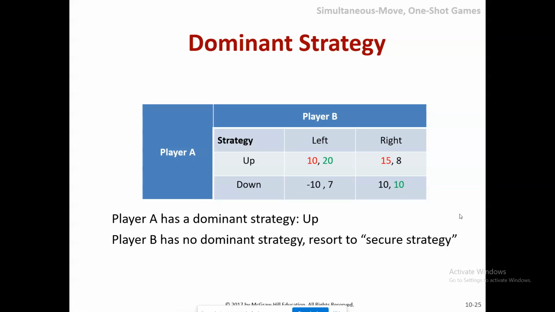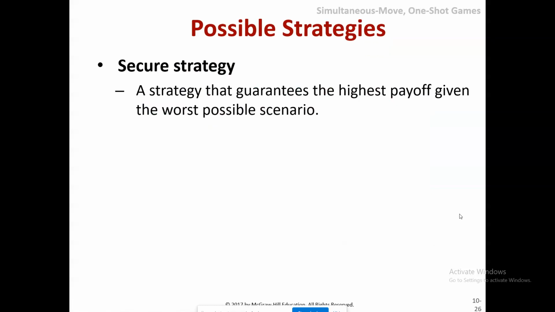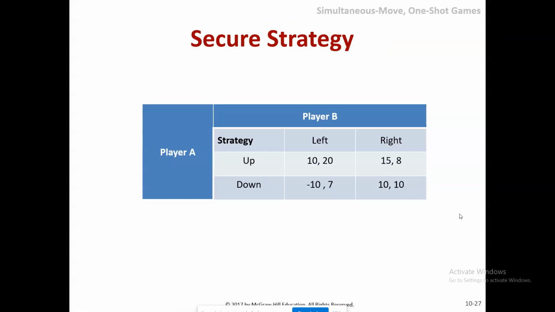What does B do? B resorts to the secure strategy. What's the meaning of a secure strategy? Secure strategy refers to a strategy that guarantees the highest payoff given the worst possible scenario.